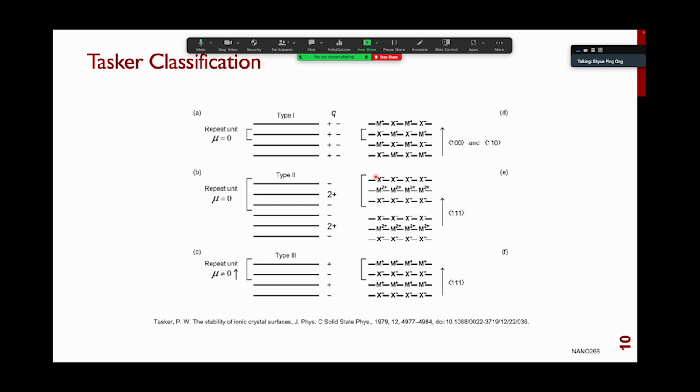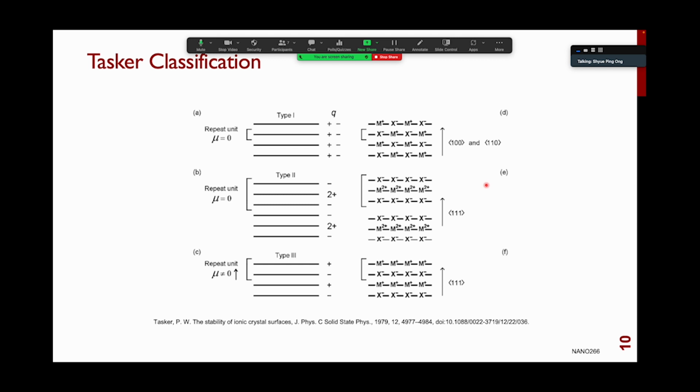Because you have a symmetric distribution of charge in your slab. You have X minus at the top surface and X minus at the bottom surface, and you don't have an overall polarization, okay? So these are what are called Tasker type 2 surfaces. And also again, for this type of surfaces, you generally don't have a problem with doing your simulations, okay?